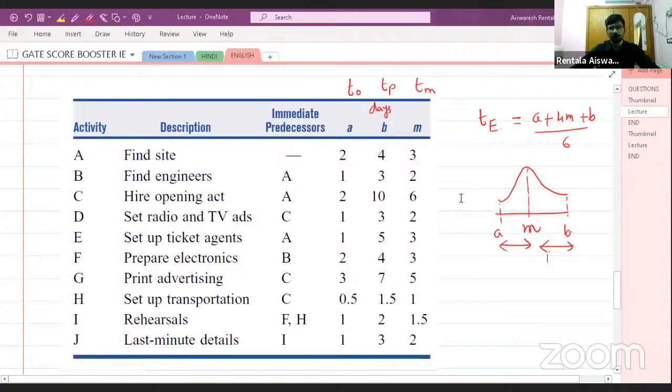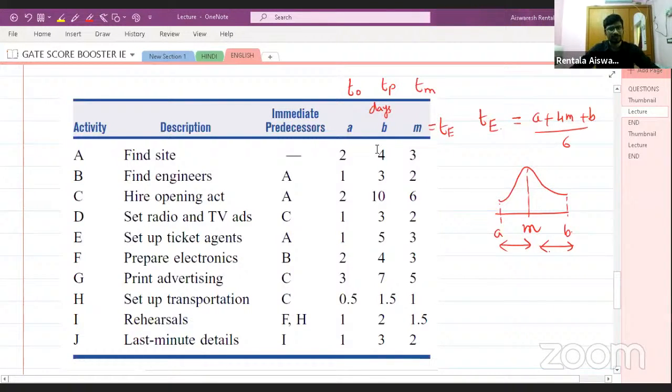So 2, 3, 4, you can see this is in AP also. If your data is in AP, that means the common difference is the same, then you can say that this TE value will be directly equal to TM. Even if you calculate using the formula, you will get the same thing.